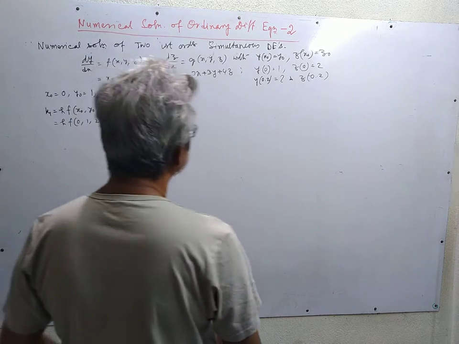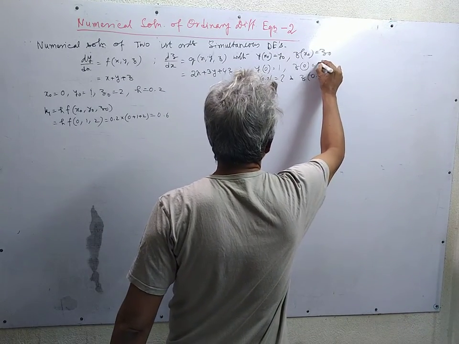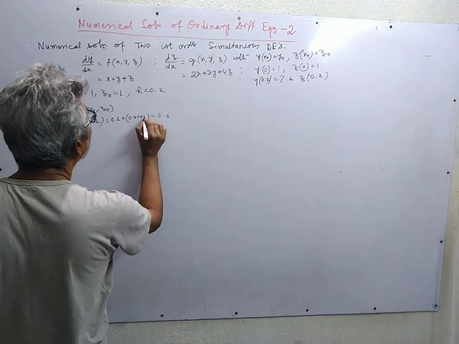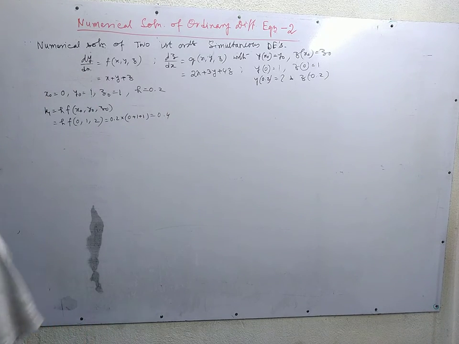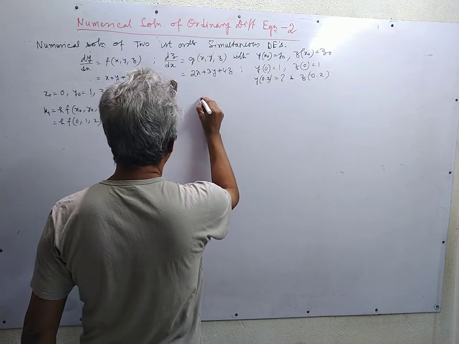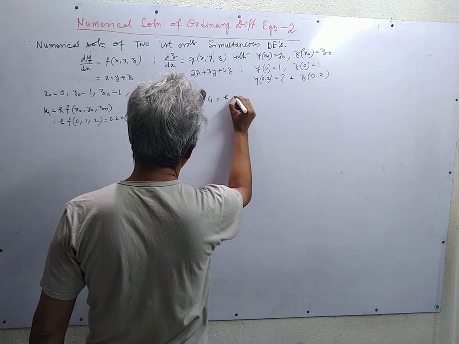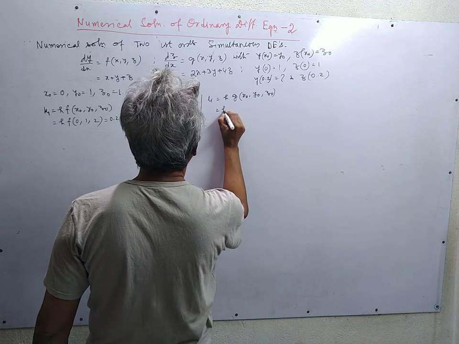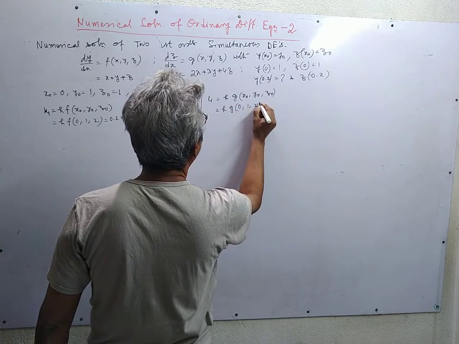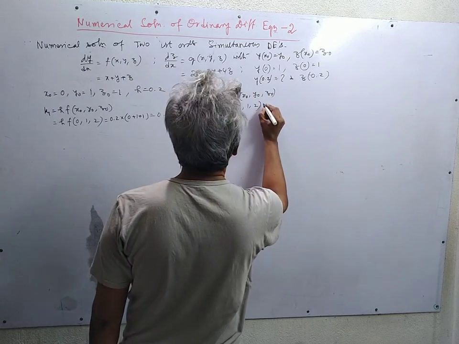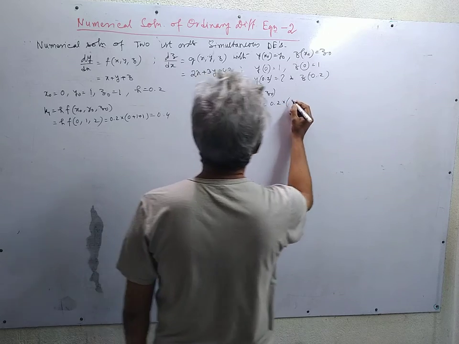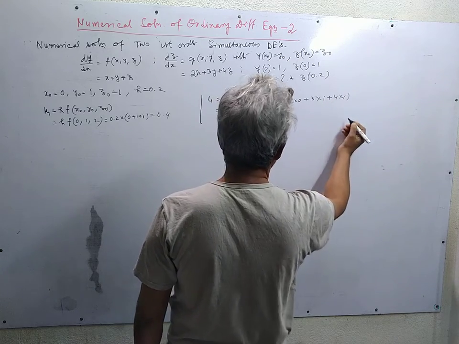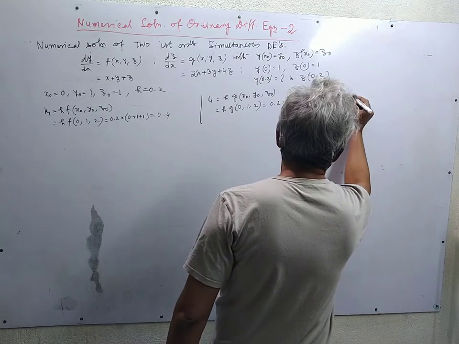Then come to L1. You know the function is 2x, so this is 0.2 multiplied by 2 into 0 plus 3 into 1 plus 4 into 2. So this is 2.2.